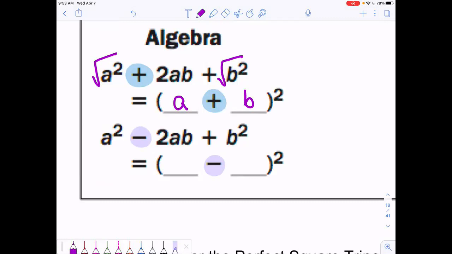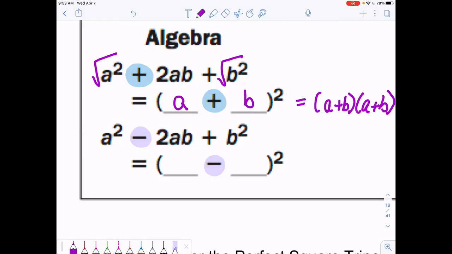And then we're placing parentheses around this and saying the whole thing is squared, meaning there are actually two of the same parentheses. So this really means that I have a plus b and a plus b. Yesterday, I had one plus and one minus because a positive times a negative is how you get a difference of perfect squares.